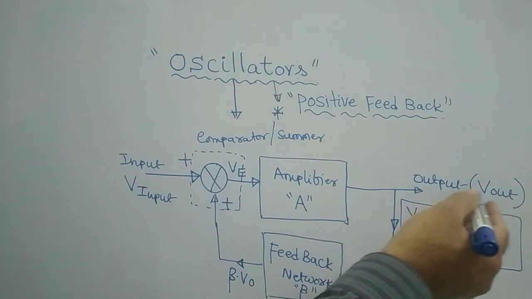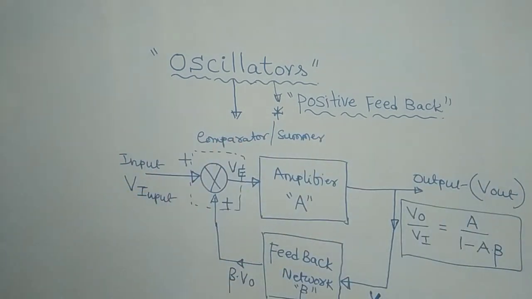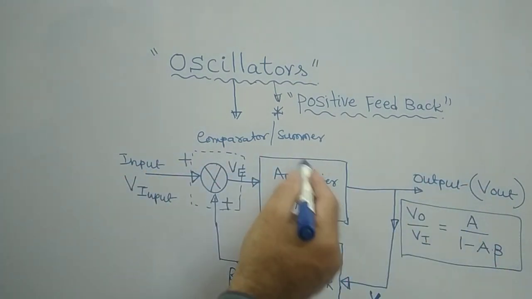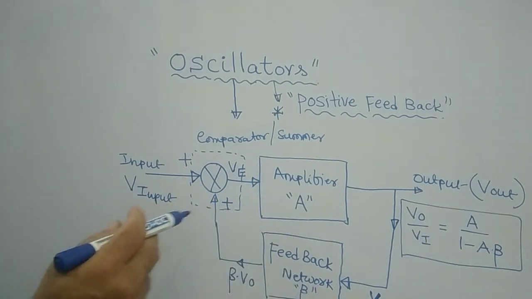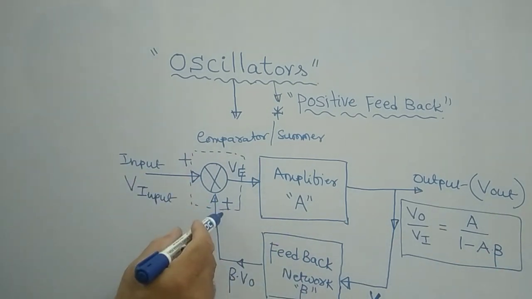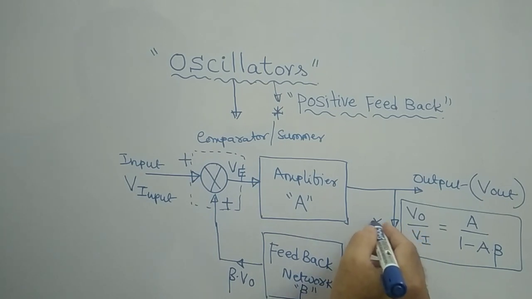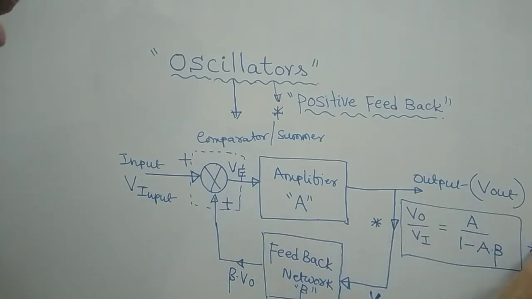That is the voltage gain, or the output by input, also called the transfer function. But here, under oscillators, we will call it the voltage gain. Output voltage by input voltage gives A by 1 minus A beta, because of this positive feedback. If it is negative feedback, then you will get A by 1 plus A beta, right? So this is a very important formula that one should remember. V naught by Vi is equal to A by 1 minus A beta.